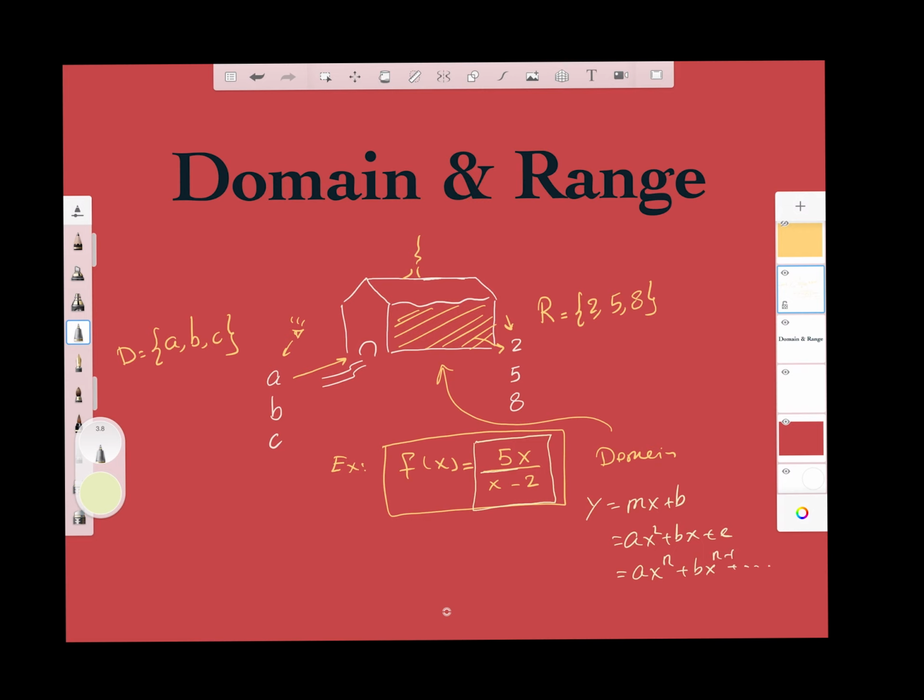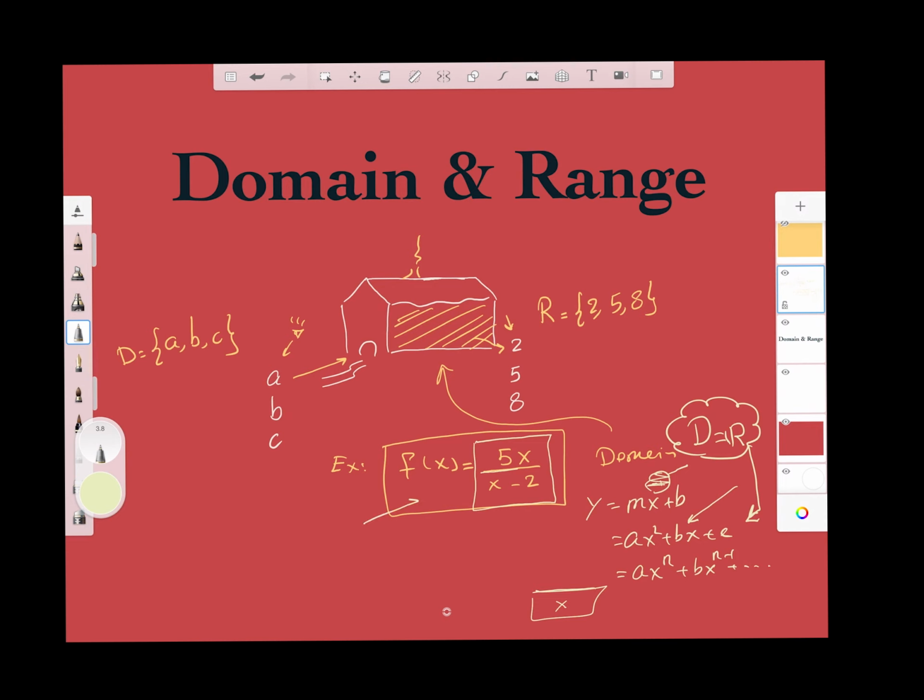As long as there is no radical, no negative exponent and no fraction, if we don't see those things, the domain will be all real numbers. So the domain will be all real numbers for any polynomial. No negative exponent, no fraction, no x in the denominator, then the domain will be all real numbers.